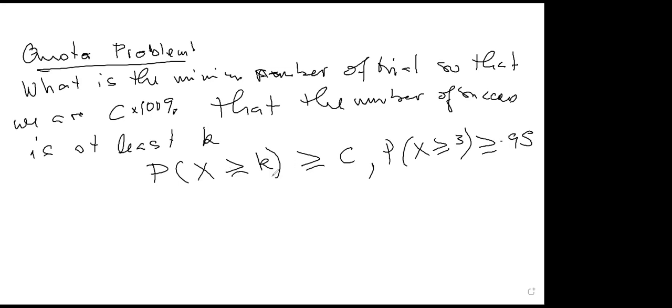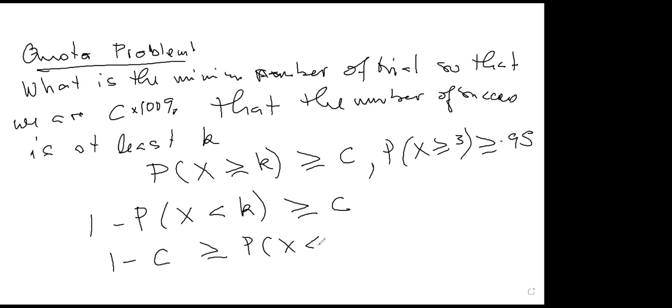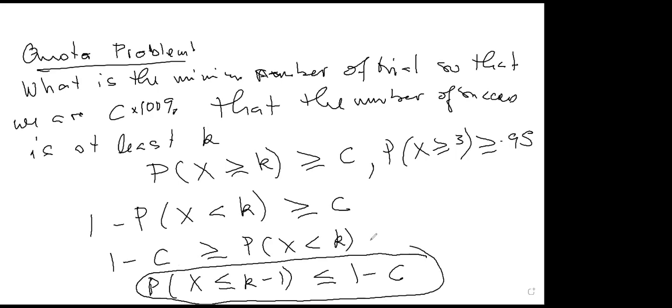The probability that X is greater than or equal to K is 1 minus the probability that X is less than K, which is greater than or equal to C. That means 1 minus C is greater than or equal to the probability that X is less than K. So we will essentially be looking for n so that the probability that X is less than or equal to K minus 1 is less than or equal to 1 minus C. This is how we will work on solving a quota problem, essentially finding n to satisfy this.